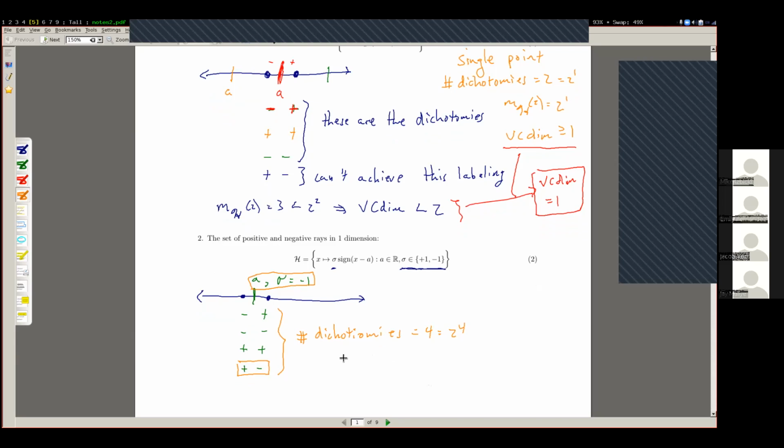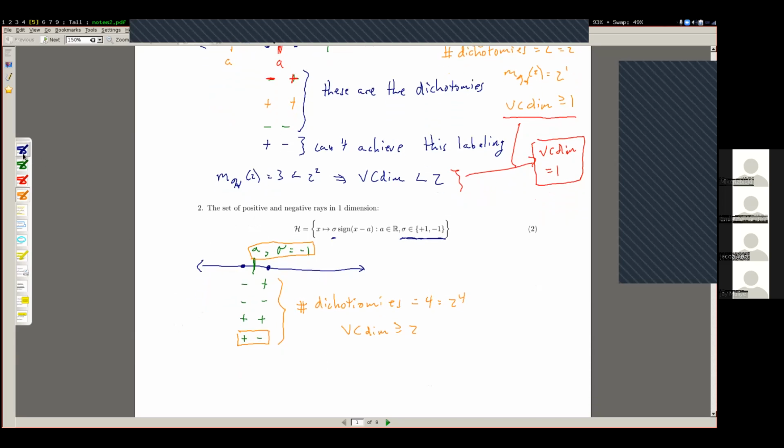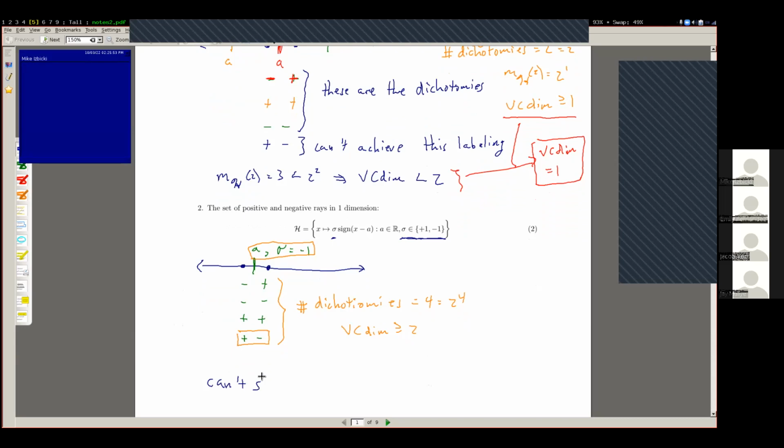And so the VC dimension must be at least 2. But if you were to try it with 3 data points, you can't shatter any data set with 3 data points.